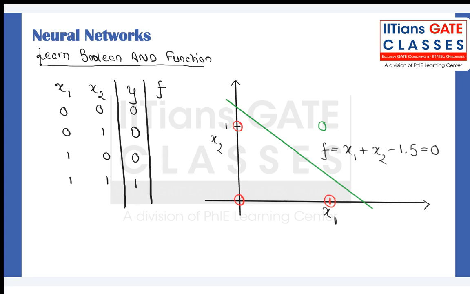Hey, come on. So this function f is x1 plus x2 minus 1.5 equal to 0. And the domain of x1 and x2 can both contain 0, right? Is the AND function not defined when x1 and x2 are both zeros? Then what will be the value of the function f? What do you think is the value?